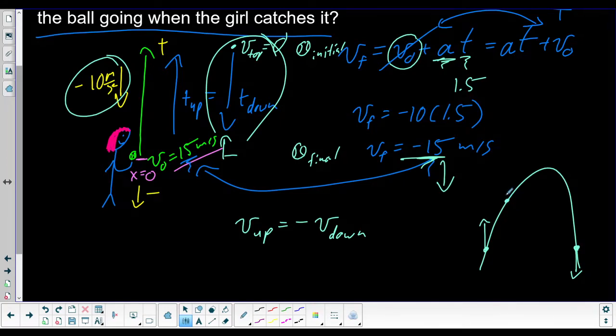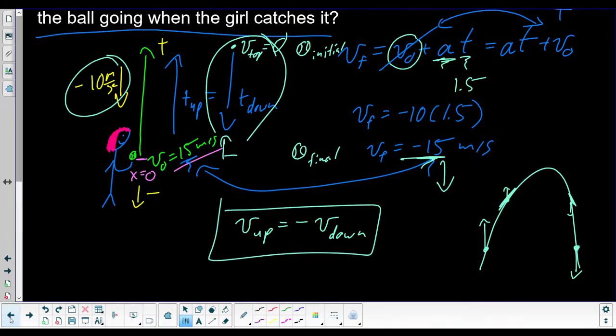The velocity right here, a little lower, a little smaller, is equal to the velocity right here, going that direction. So the slope of a position time graph here is equal to the slope here, just this side's negative, because parabolas are symmetric, which kind of makes sense. So this is what we are learning from this last chunk of this problem.